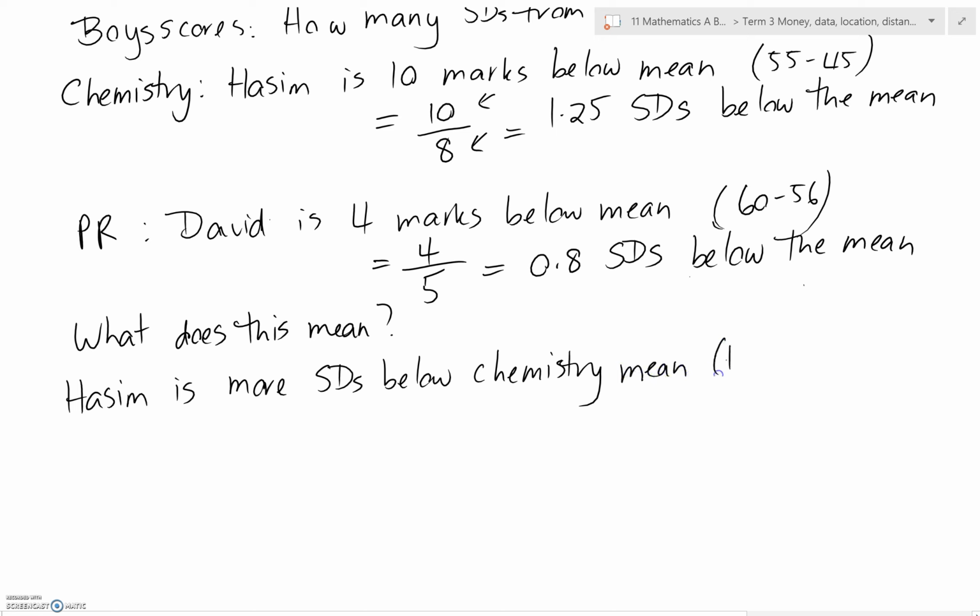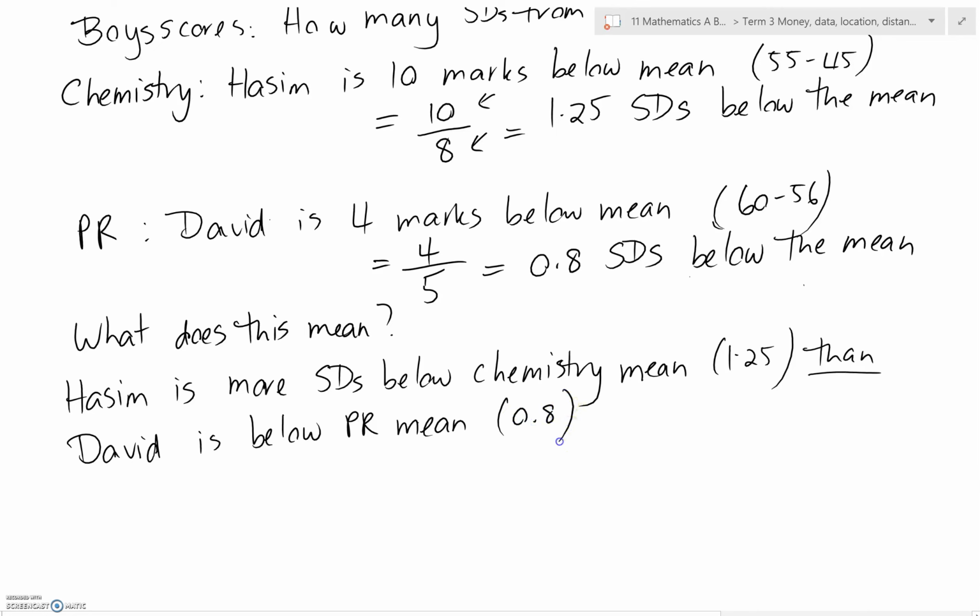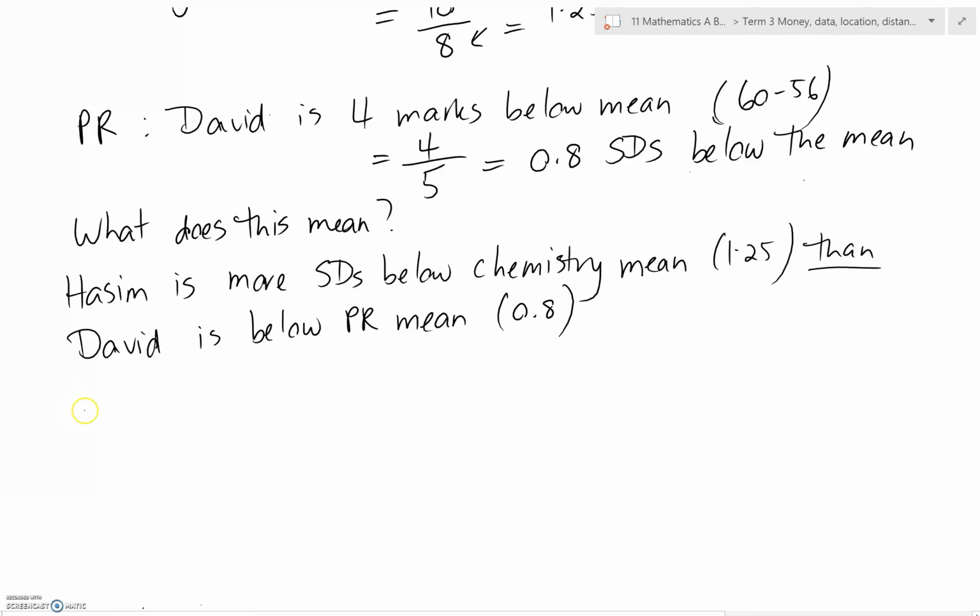So that's where I'm saying 1.25, and you can see "than" is the comparing word here, than David is below the physical recreation mean, because he was only 0.8 standard deviations below that. So what does that mean from that as well?